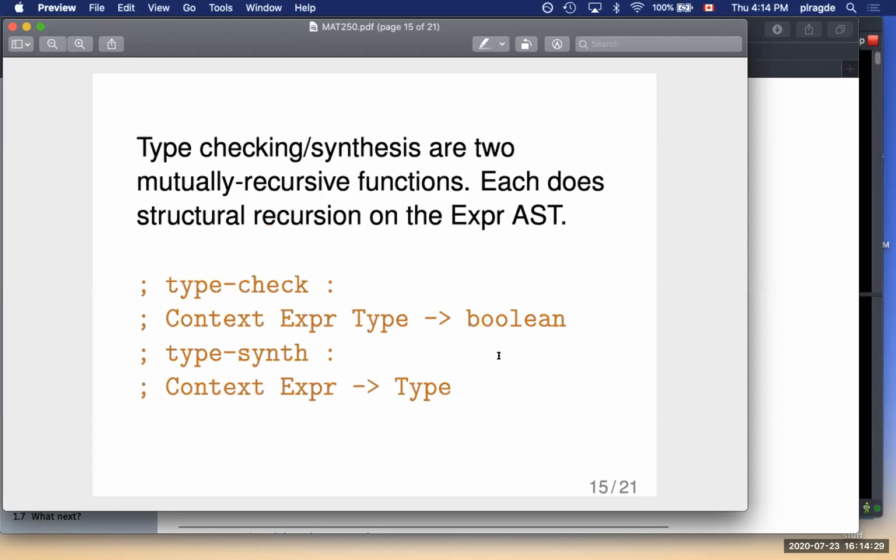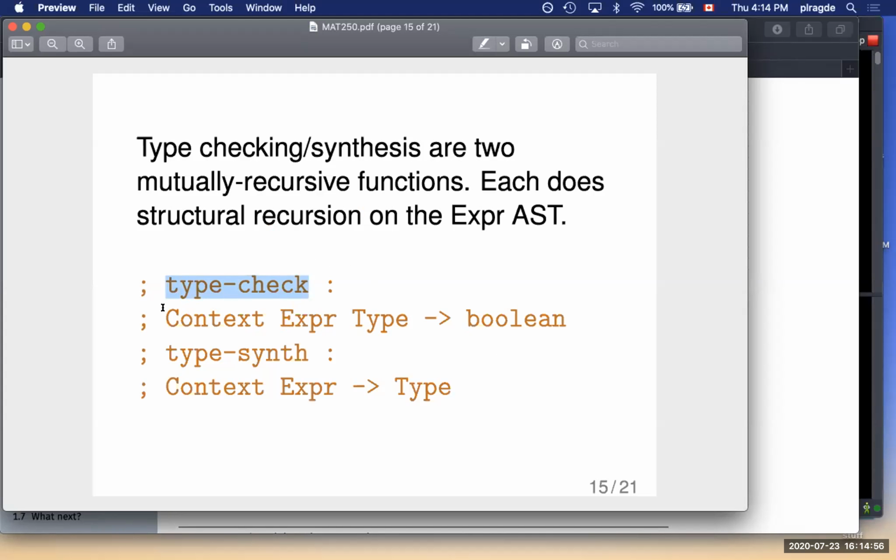The heart of Proust is type checking and type synthesis, and they're two mutually recursive functions. Just like the definitions are 5 rules for type checking and synthesis in a bidirectional fashion, we're mutually recursive. And these two routines, type check and type synth, all they do is literally implement those 5 rules. There's nothing else there.